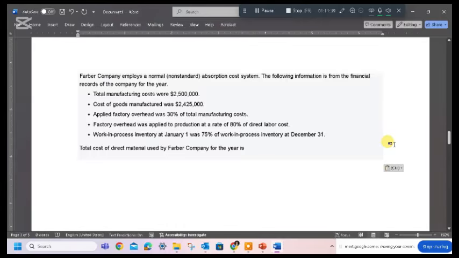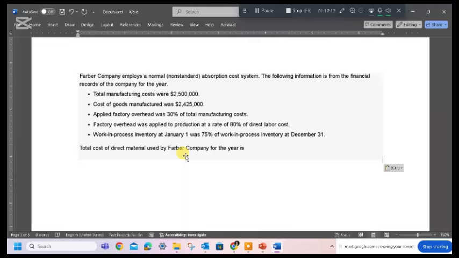Faber company employs a normal absorption cost system. The following information is from the financial records of the company for the year. What's the requirement? Total cost of direct material used by Faber company. Total manufacturing costs were $2.5 million. Cost of goods manufactured 2425. Applied factory overheads 30% of total manufacturing cost.